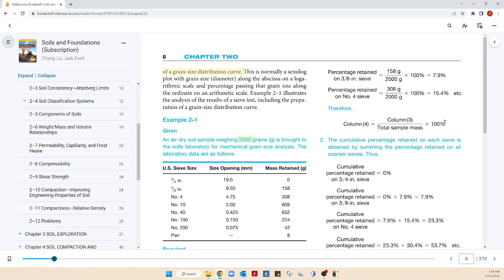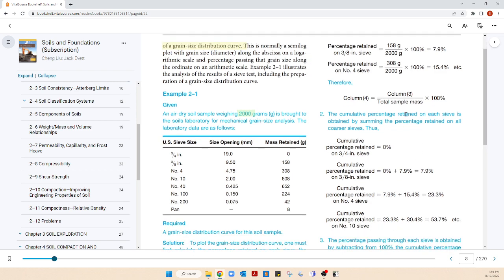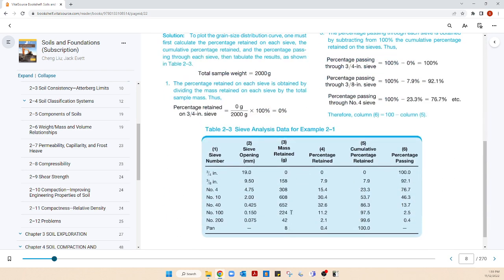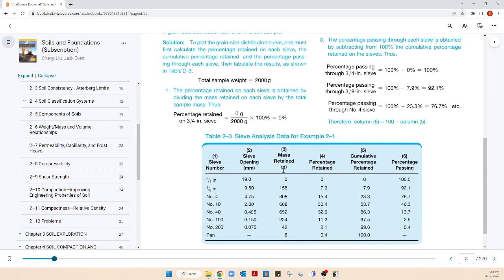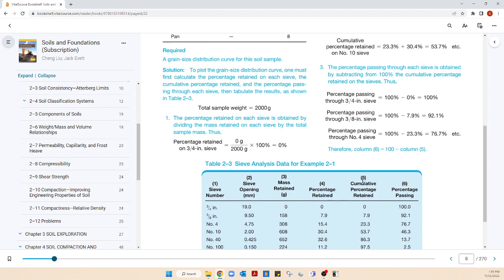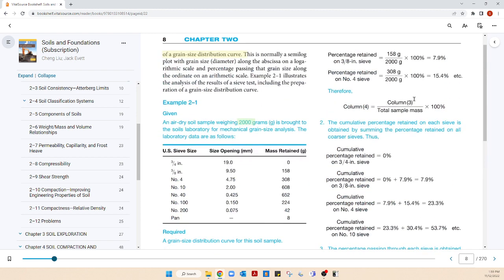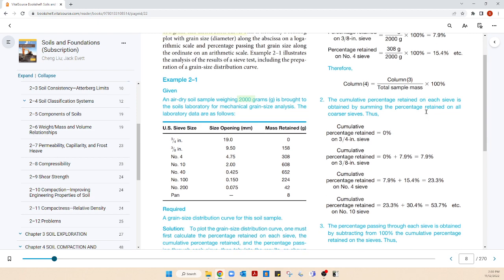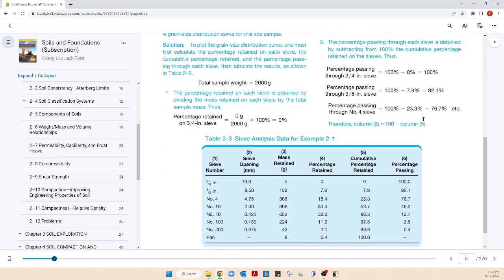Now, the way you get that is, go back here, get the total of column 3, and divide it by the total mass. Column 4 is column 3 divided by the total mass. And that's what we were doing.